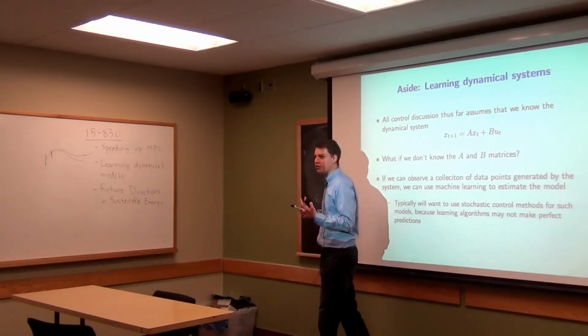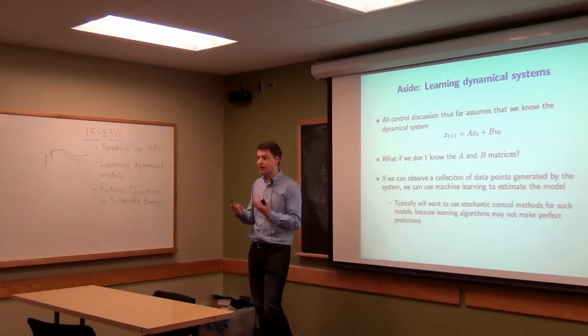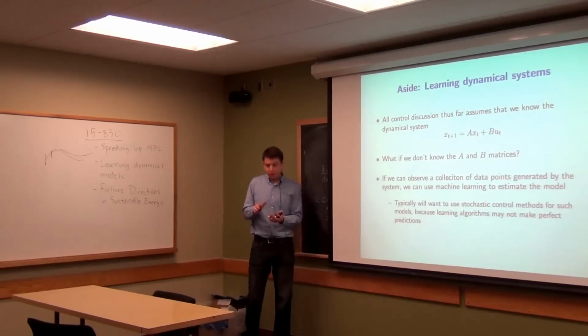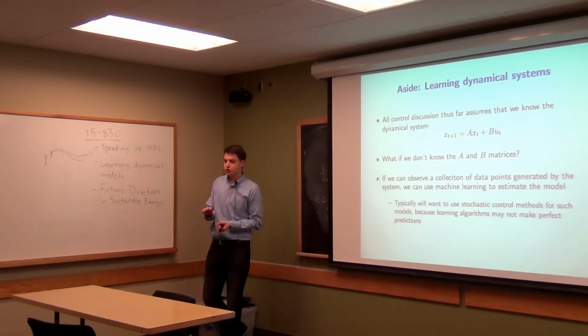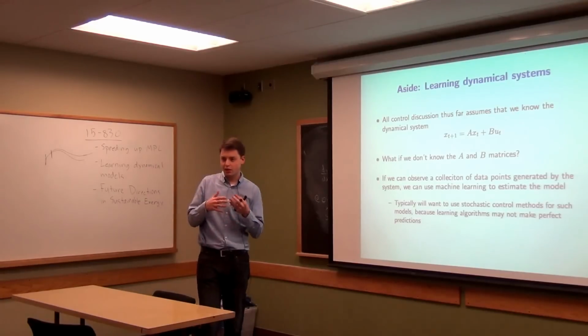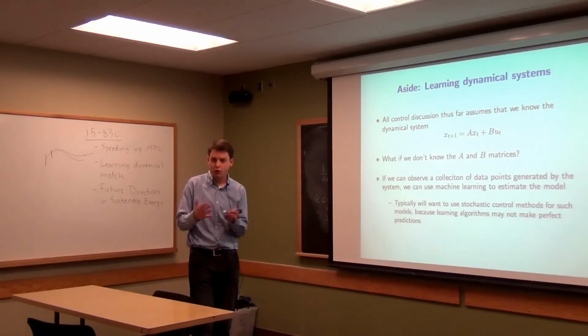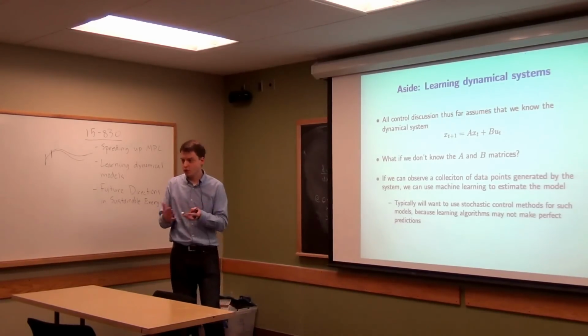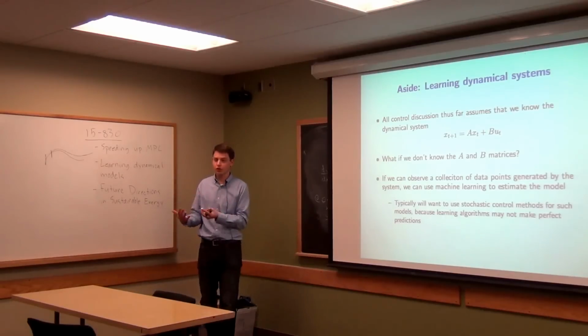And here, these methods don't at least seem to be immediately applicable. So typically what you do in a situation like this is you switch between a learning phase, where you learn these models, and then a control phase where you actually control the system based on your learned models.